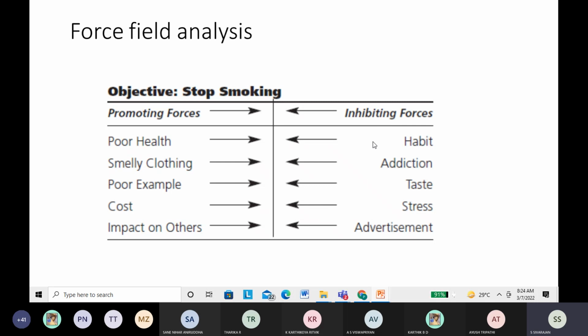To improve the sales, cost is very high. We know in the Indian market, for most of the people, cost is very important. So this is one way of improving the quality. In this case, the objective is to improve the sales. For any quality objective, you can find out what are the promoting forces and what are the inhibiting forces. That is called force field analysis.